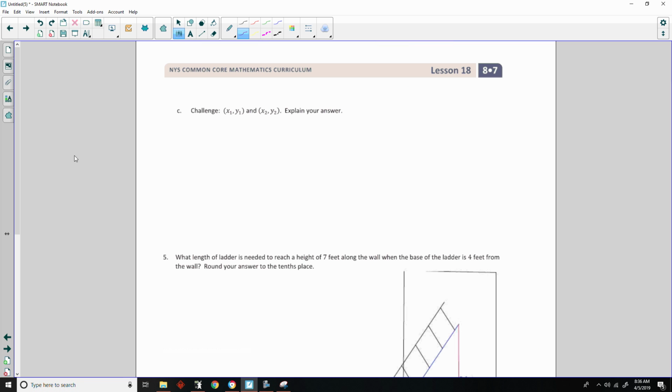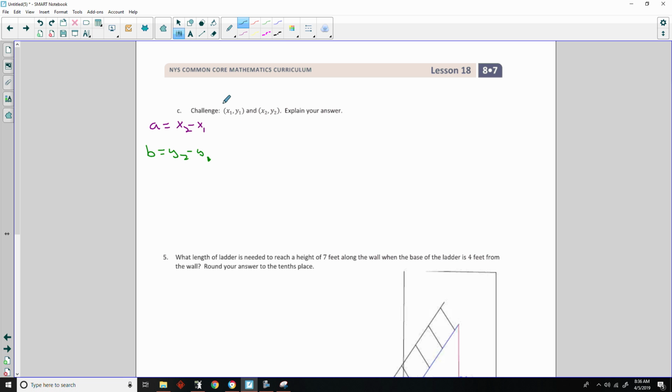Okay. Part C, challenge. x sub 1, y sub 1, and x sub 2, y sub 2. Explain your answer. Well, a equals x sub 2 minus x sub 1, right? And b equals y sub 2 minus y sub 1. That's all we're given. I can't do this problem without knowing what those values are.